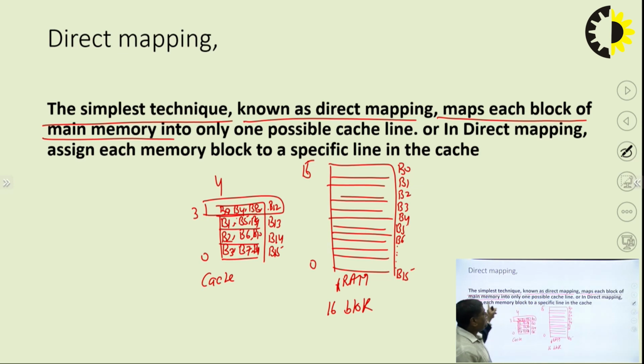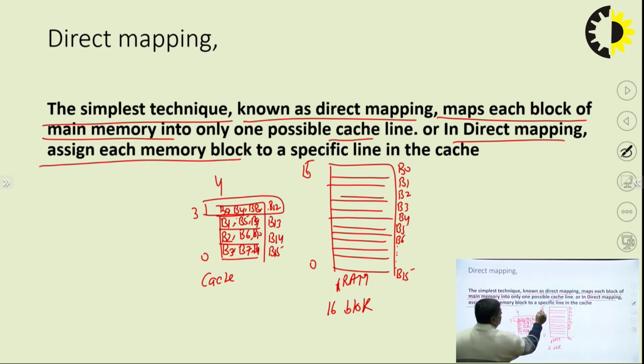In direct mapping, each block of the main memory is only possible into one cache line. Each block is assigned a specific line in the cache. It means B6 of the main memory has a specific location in the cache memory, and B6 is always in this memory allocation.